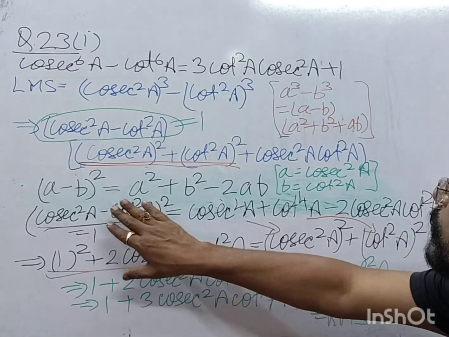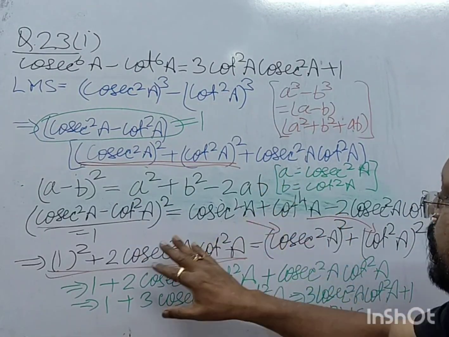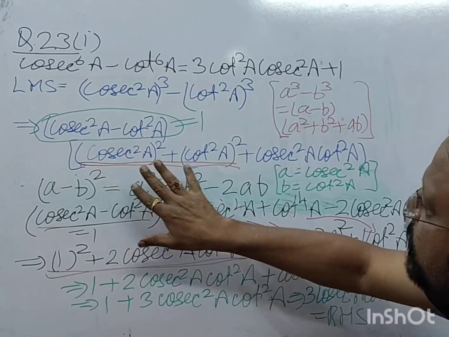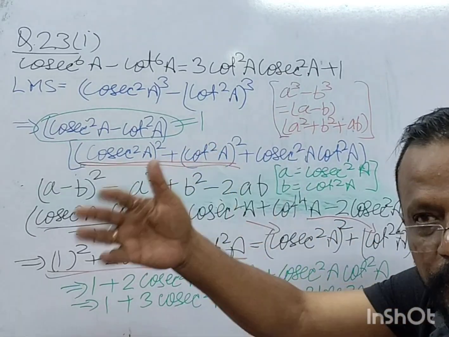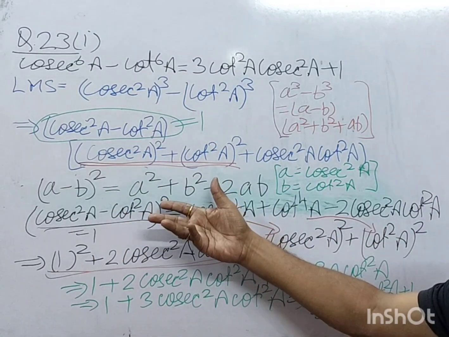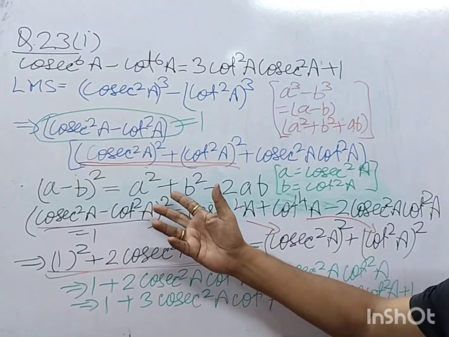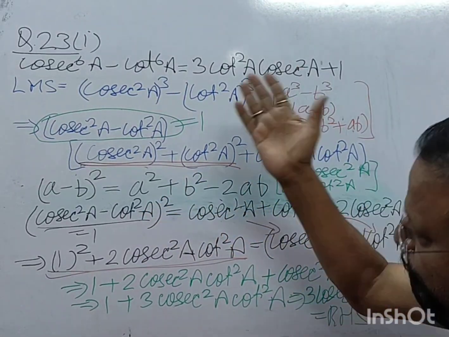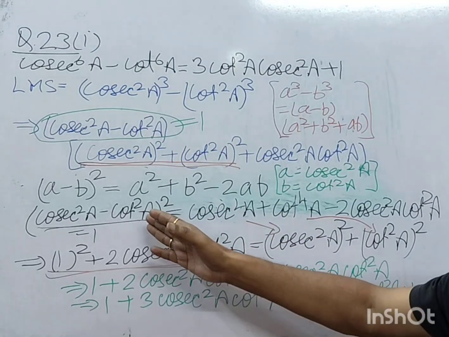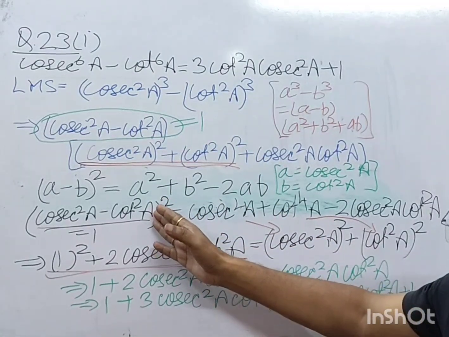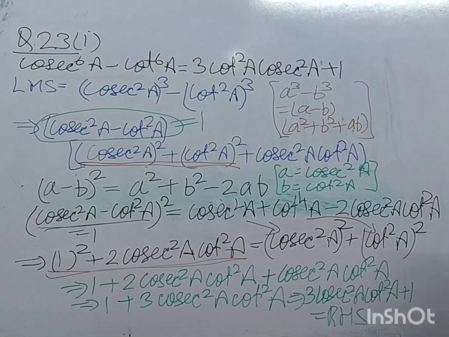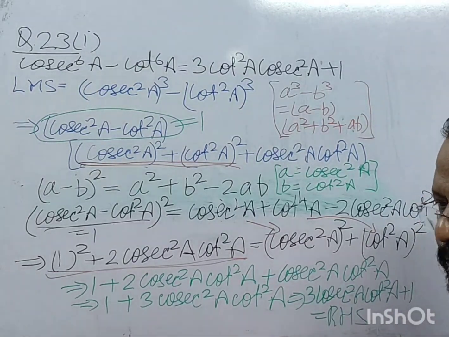So you have to use this formula and then the values. If you go with what I was doing earlier, then you will reach nowhere, right? So to prevent that, we have to look at this, and then only we can solve it. So this was the solution. This is how you can do this, right?